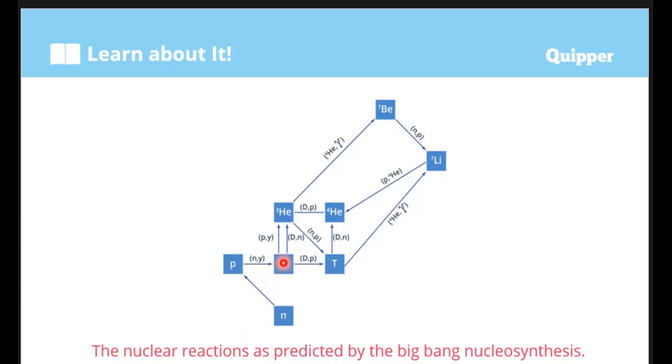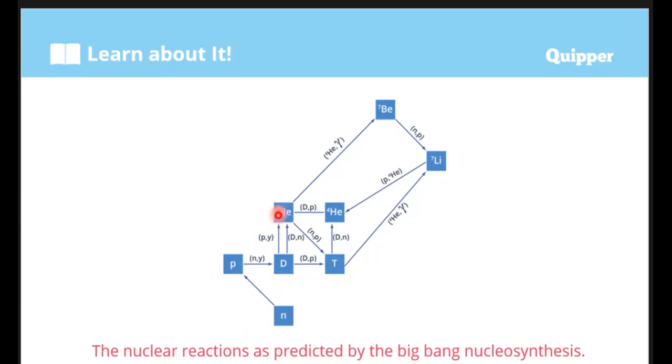And this deuterium, when being combined with another neutron, it forms another isotope of hydrogen, now called tritium. But when this deuterium is added by a neutron, a helium 3 is being produced.